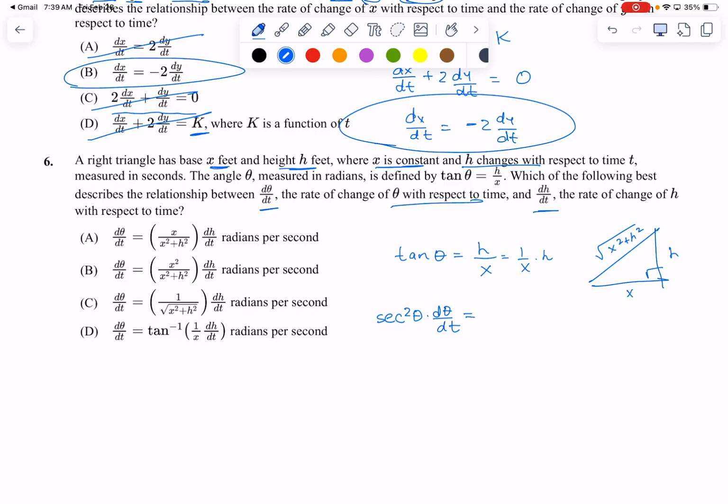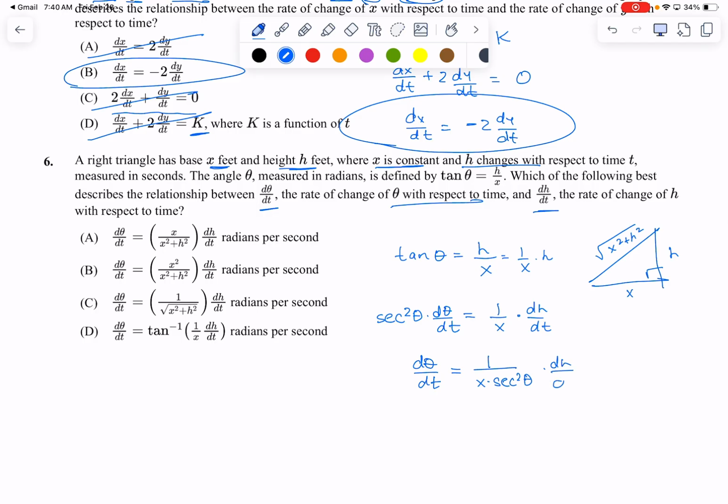What would the derivative of 1/2 h be? 1/2. So the derivative of 1 over x times h is 1 over x, because x is a constant, times dh dt. Then I divide both sides by secant squared, so d theta dt is equal to 1 over x times secant squared theta times dh dt.